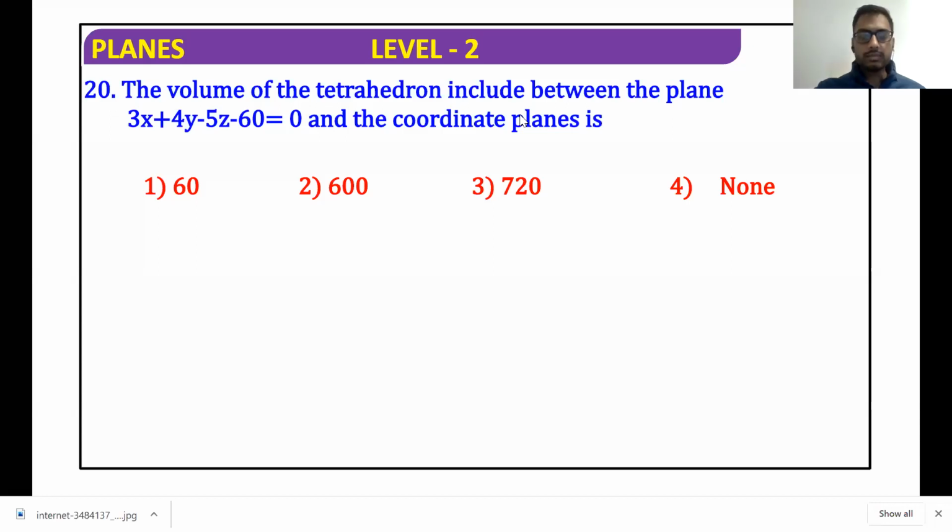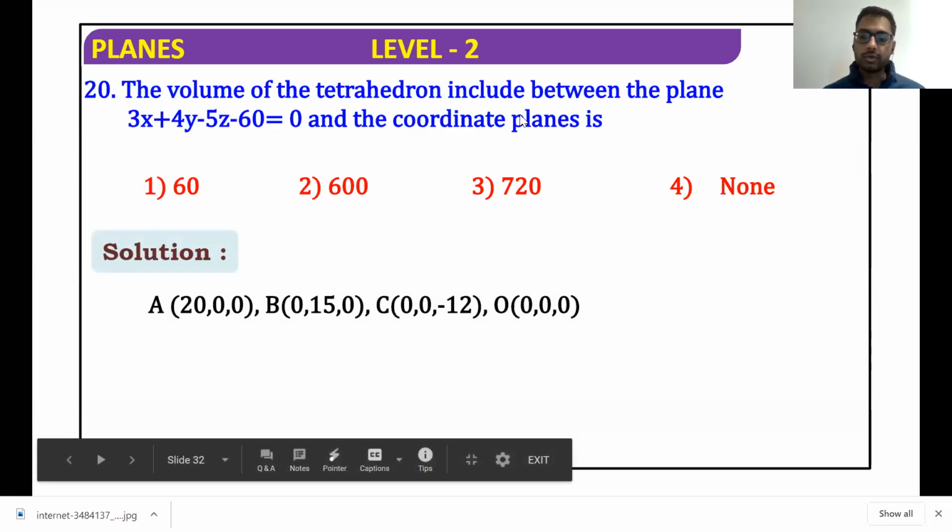Therefore, I get my x-intercept as 20, or the value of A is 20. The y-intercept or B value is 15. The C value is minus 12. I have all the three values A, B, C. Therefore, I can use them in my formula OA bar, OB bar, OC bar. OA bar would be A bar minus 0 bar. 0 bar is your origin, so OA bar is equal to A bar. OB bar is going to be B bar. OC bar is equal to C bar. So let's see the solution.